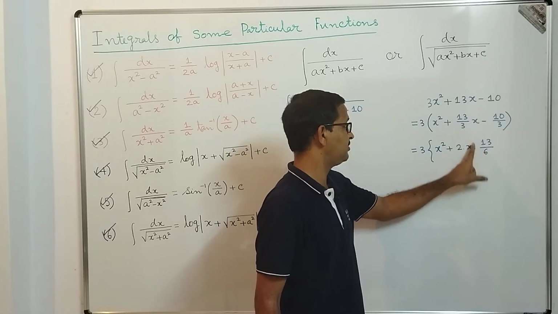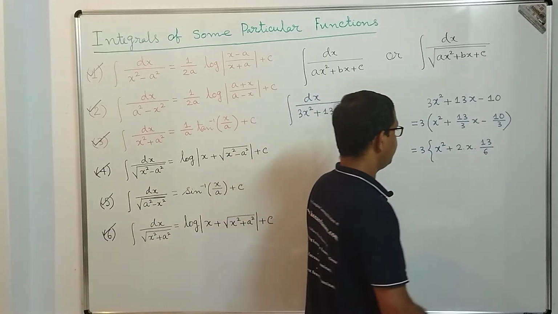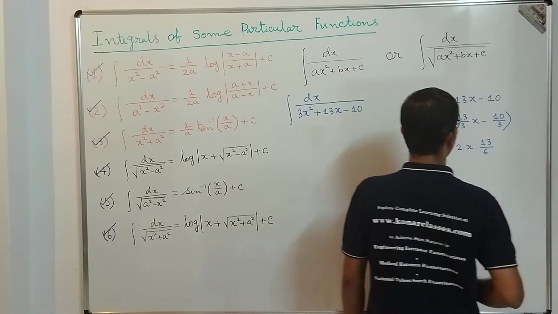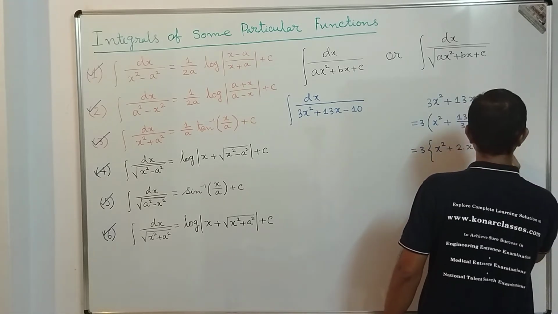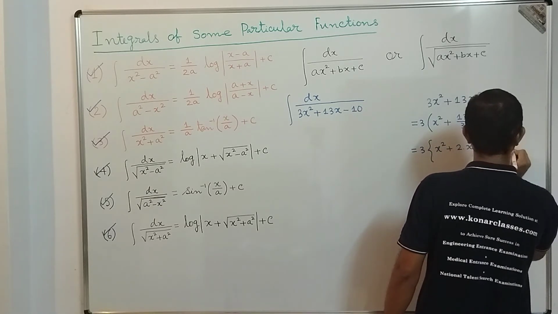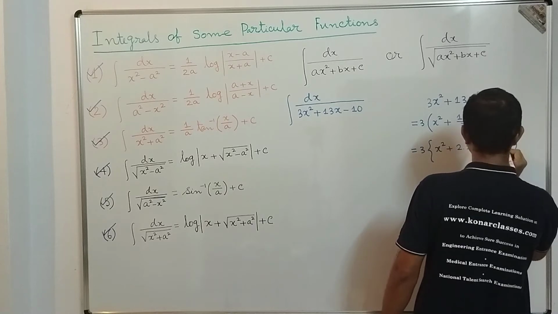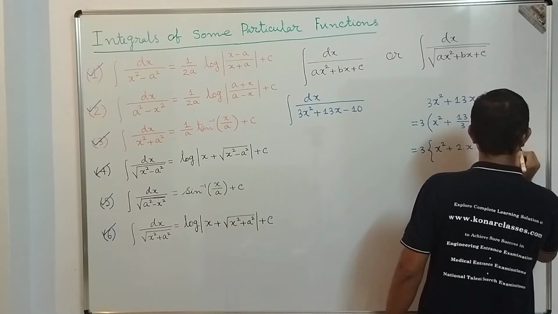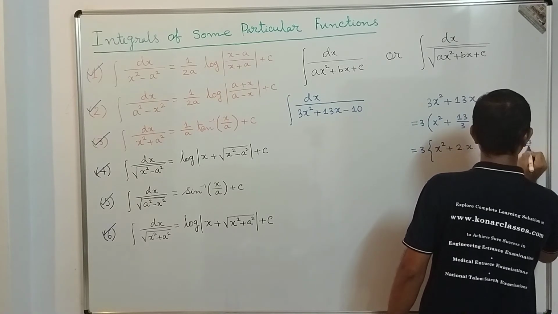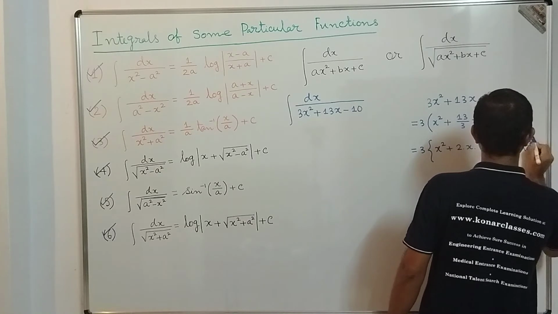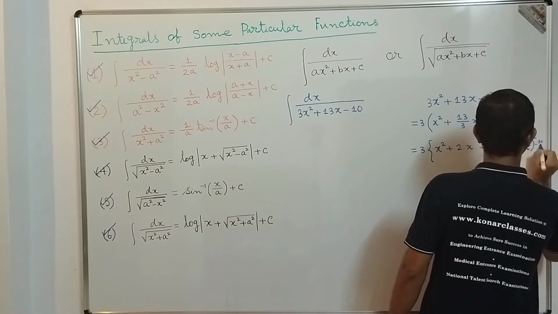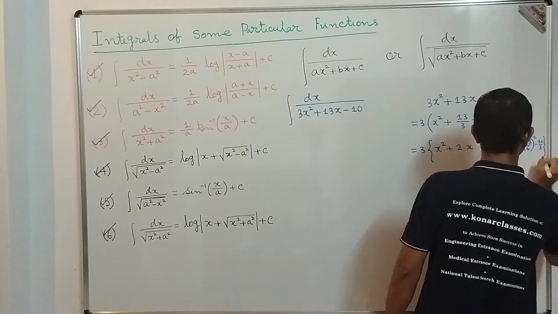So 13 by 3 into x, which is in the previous step. But as we have introduced 13 by 6, we should write (13 by 6) whole square, then again minus (13 by 6) whole square, so that it is adjusted, and minus 10 by 3 as it was there.